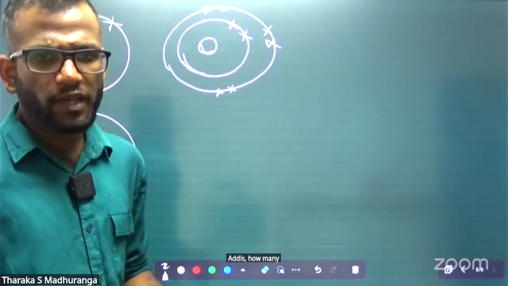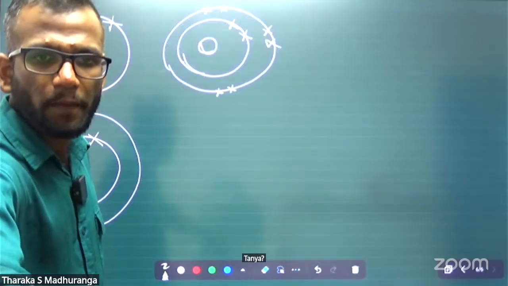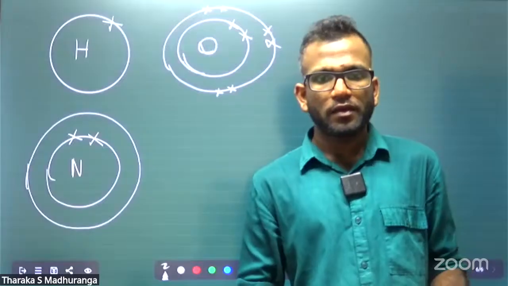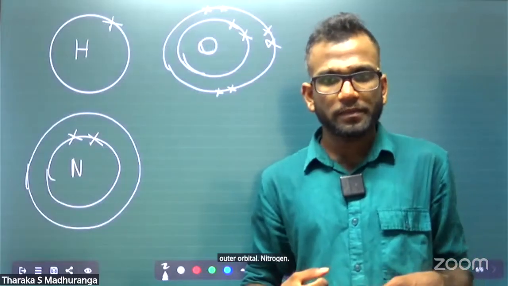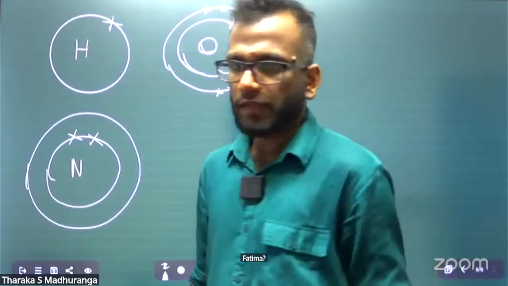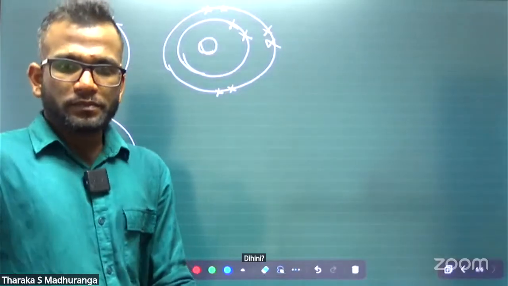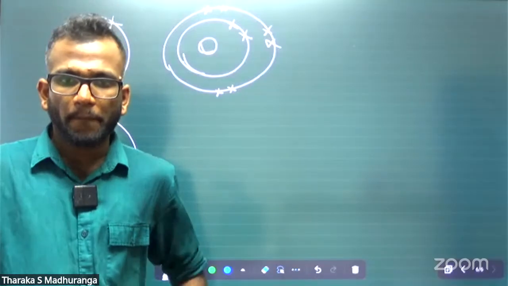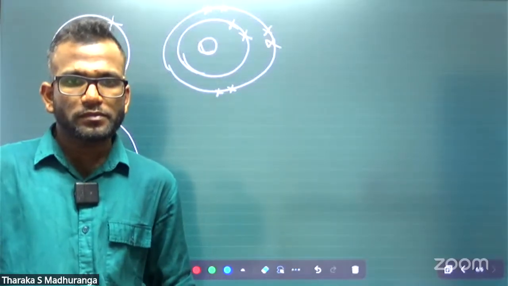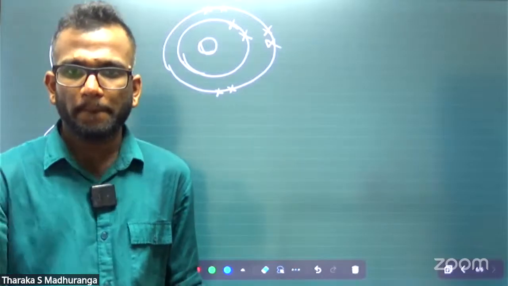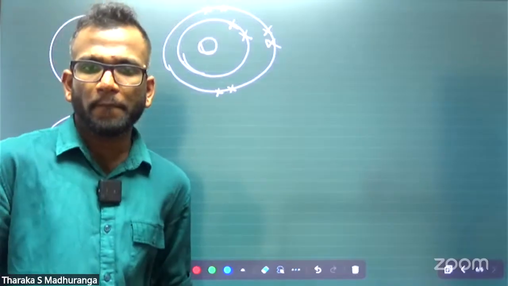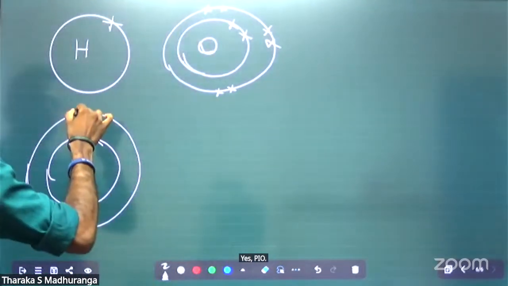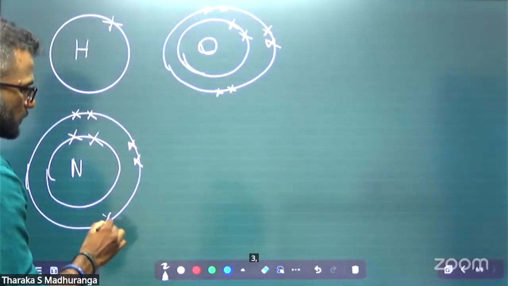Others, how many electrons in the nitrogen outer orbital? Tanya? Outer orbital, how many electrons? Nitrogen. Fatima? Yes, 5. 5 electrons mean 1, 2, 3, 4, and one single electron.